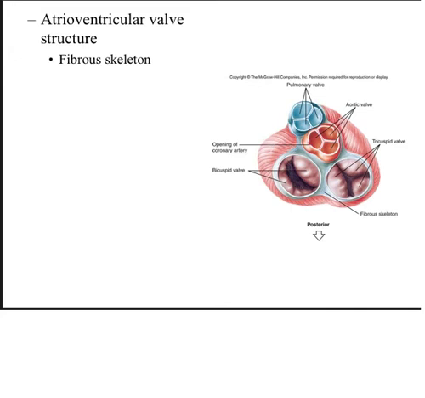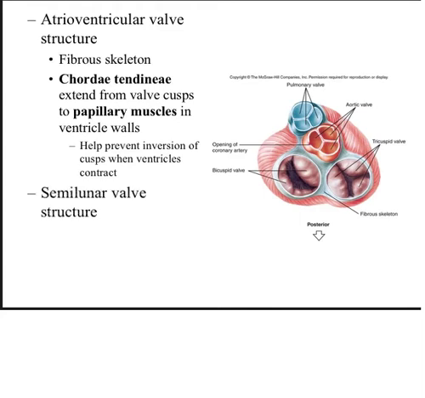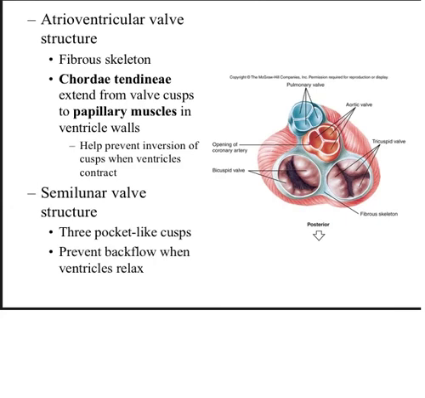There's a fibrous skeleton that serves as a sort of a framework for the heart. Chordae tendineae extend from the valve cusps to the papillary muscles in the ventricle walls, and that prevents the prolapse phenomena we were talking about earlier. The semilunar valves have three pocket-like cusps that prevent backflow when the ventricles relax.